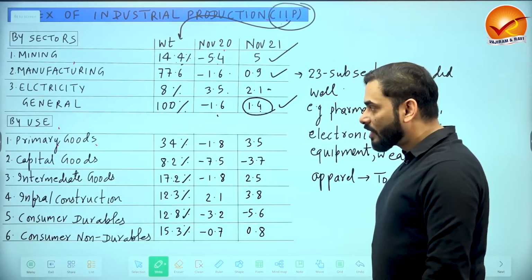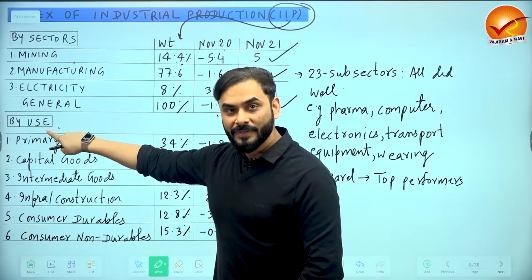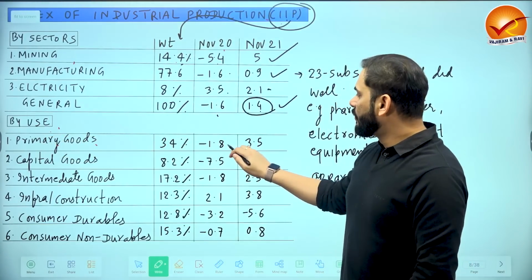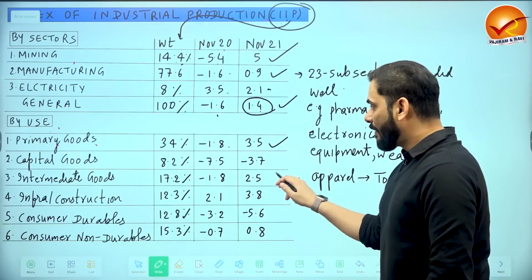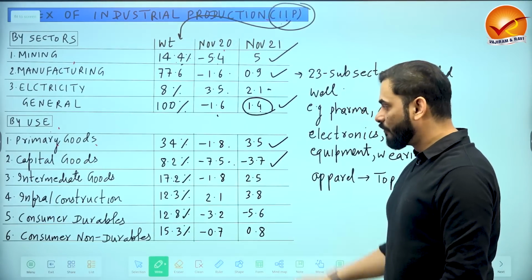Now, if you look at the IIP based on use, let's see how it behaved. So primary goods from negative it became positive, capital goods negative, it was more negative, it became less negative, so improvement.